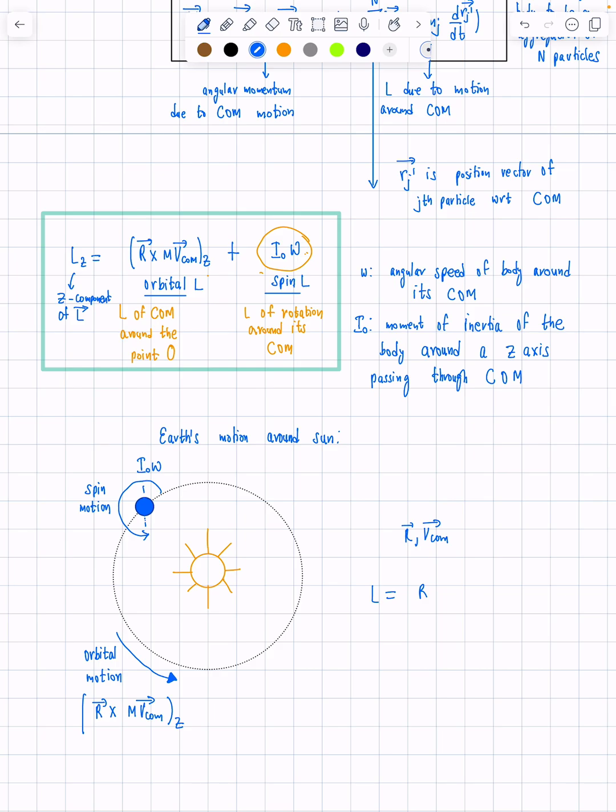So the magnitude will be r times m times v com, where v com is the velocity of the center of mass, plus I naught omega. And this I naught omega is the angular momentum due to rotation of the rigid body around its center of mass. I think it's important to remember this formula.